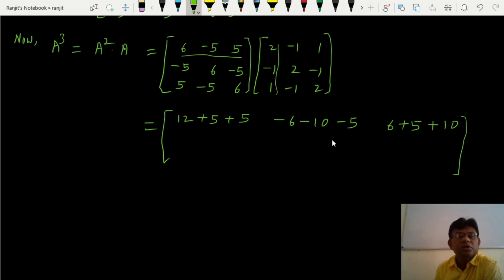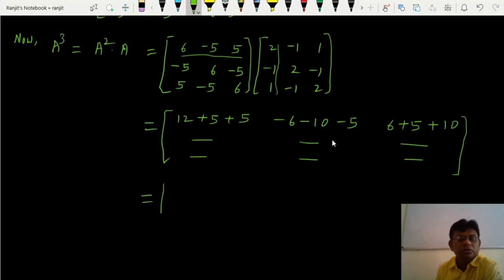Now second row into first column, second row into second column, second row into third column. Similarly, third row into first column, third row into second column, the third row into third column. So these simple calculations for you.